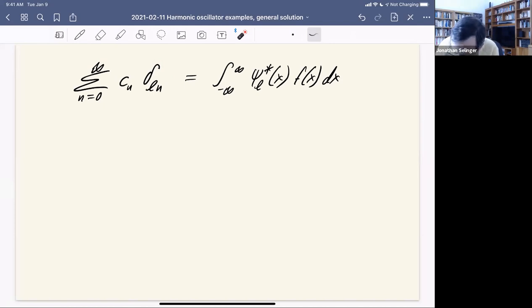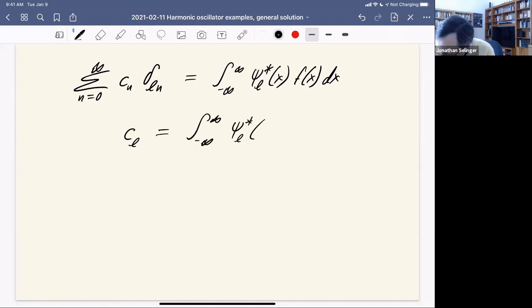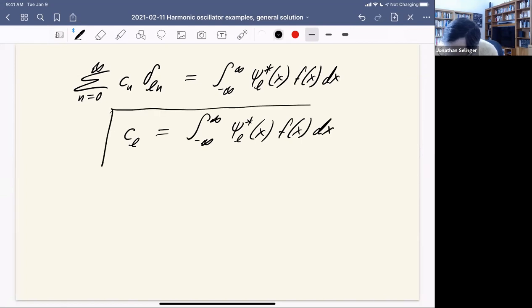So the only term that's non-zero is when n equals L. So this is CL. That is this integral over here.